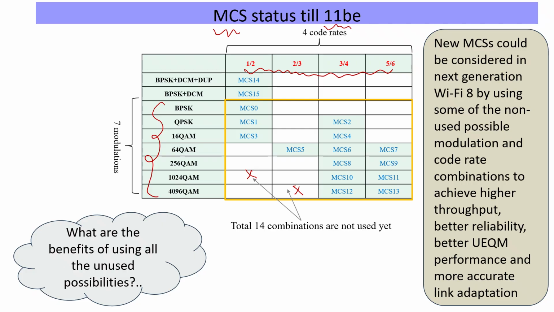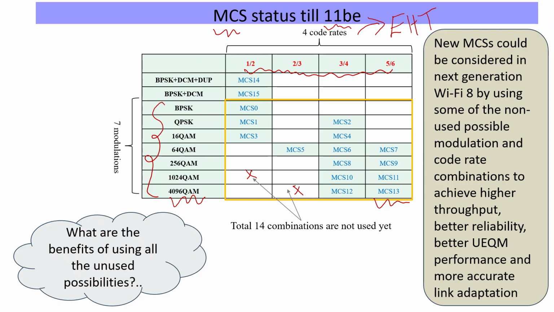As you know, a variety of trade-offs had to be examined. And of course, if you remember, 11be's main focus was extreme high throughput. So most of the focus was on introducing some of the higher modulation techniques with, say, the highest coding rates to give us some high peak rate numbers.